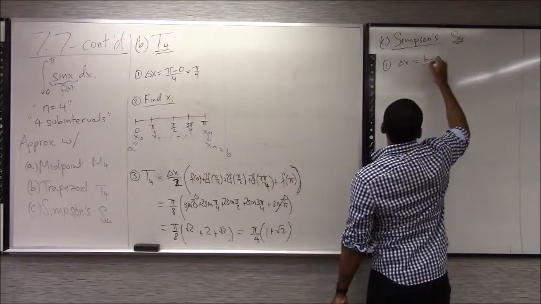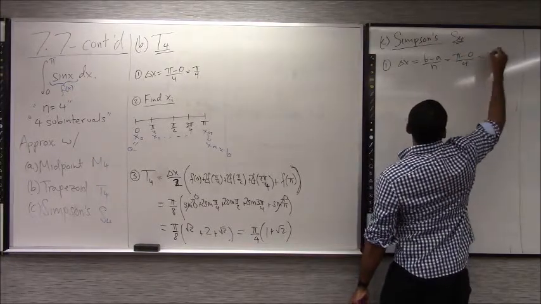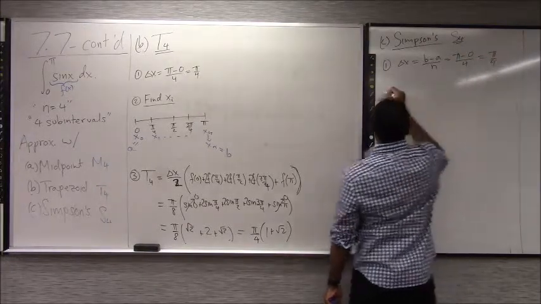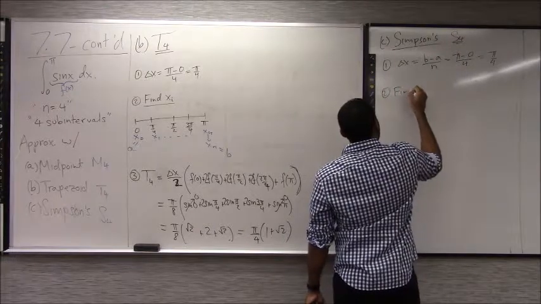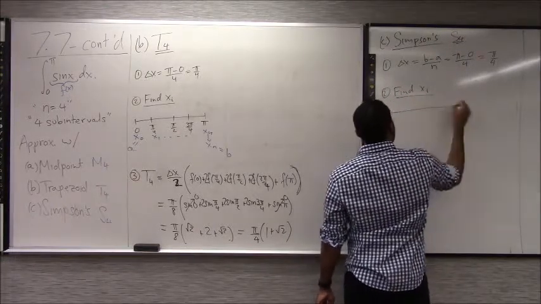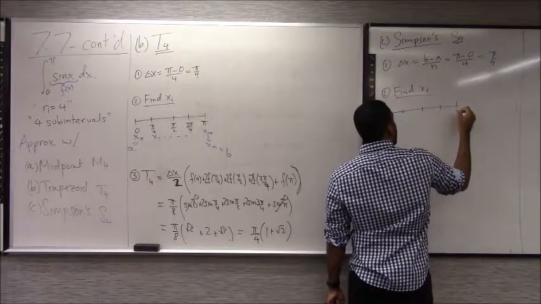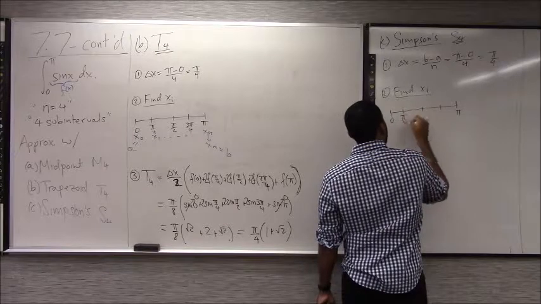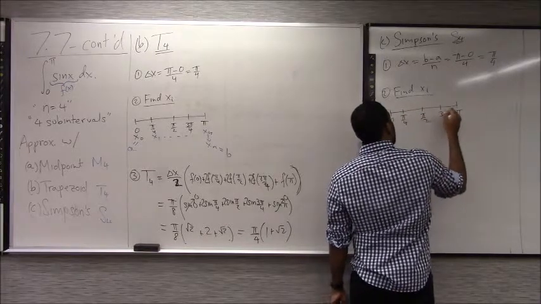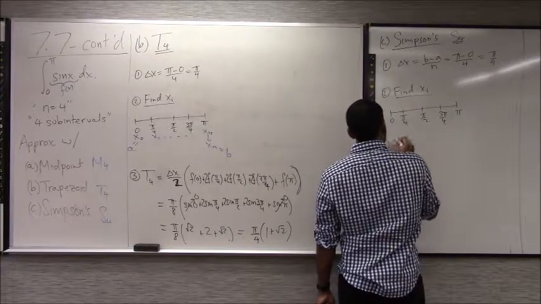It's b minus a over n, pi minus 0 over 4, which is pi over 4. Then find your xi. Here that's 0. We know we're cutting into 4 pieces, that's pi over 4, pi over 2, 3 pi over 4, and pi. Now you plug into the formula.